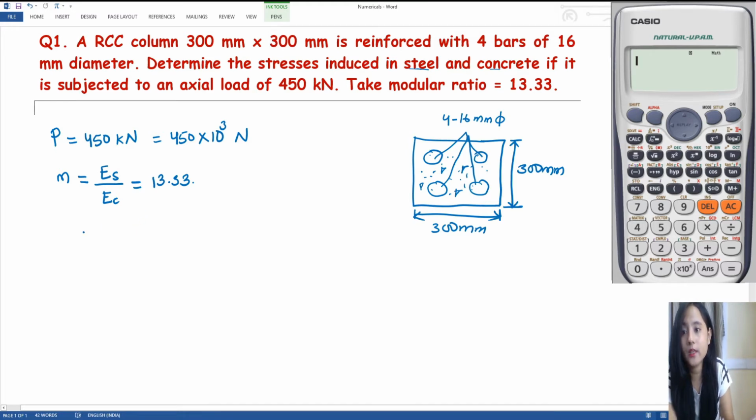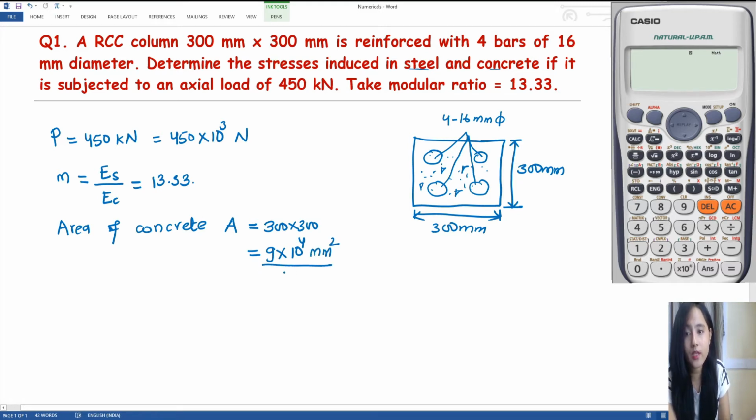Next, we can find the area. Area A is 300 into 300, which is 9 into 10 raised to power 4 mm square.